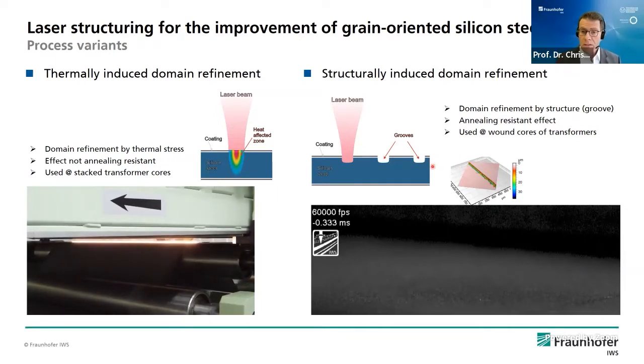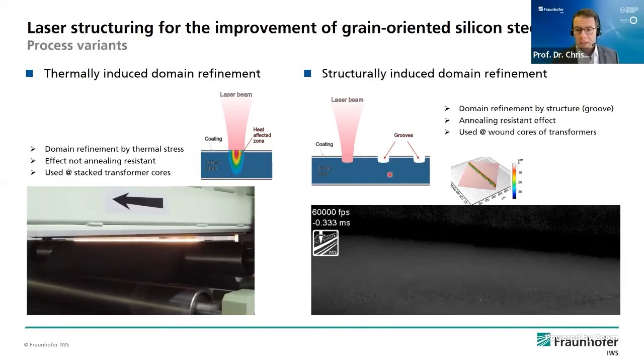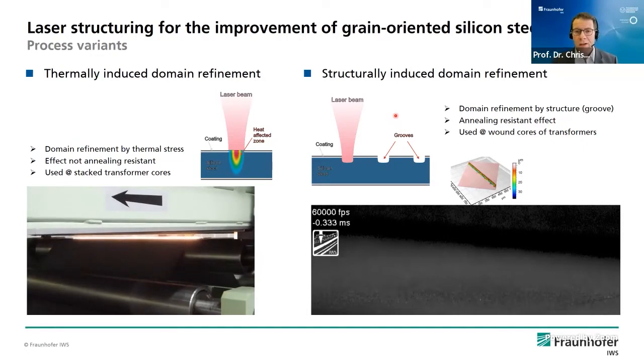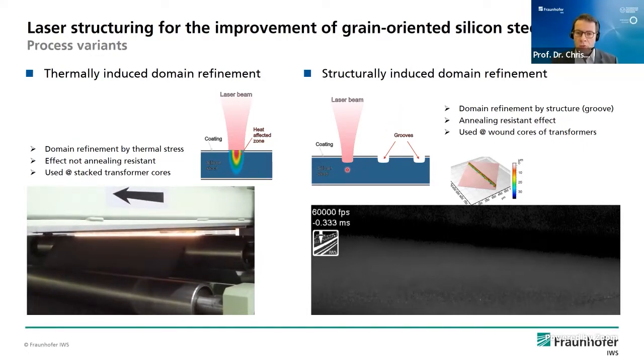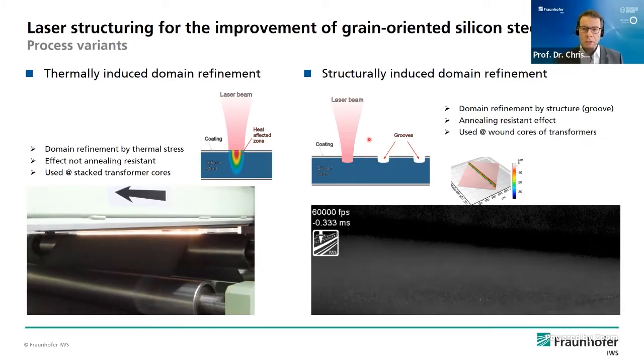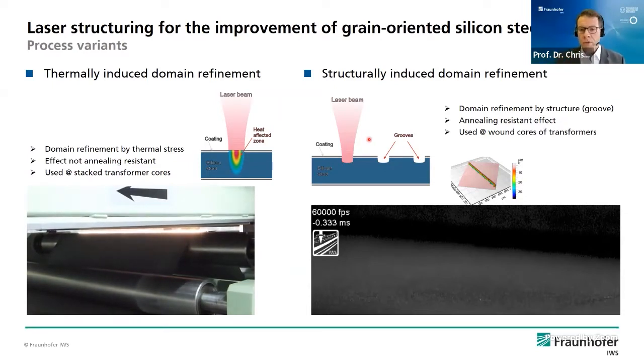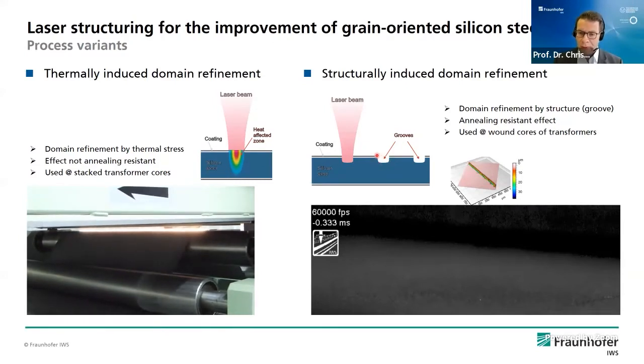Now, on the right-hand side, the second variant of this technology is depicted, showing that we form grooves into the sheet material. So we are removing material from the surface. So there's a geometrical change in the surface.